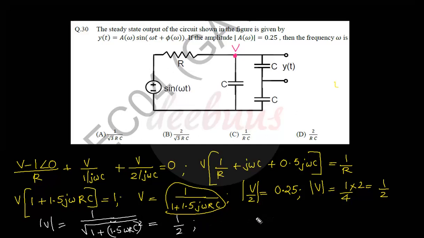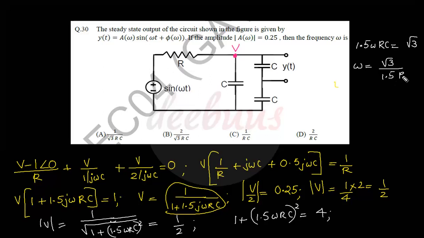Right? So 1 plus 1.5 omega RC the whole square equal to 4. Right? 1.5 omega RC equal to 4 minus 1, that is 3, root 3. Right? So omega turns out to be root 3 divided by 1.5 RC.